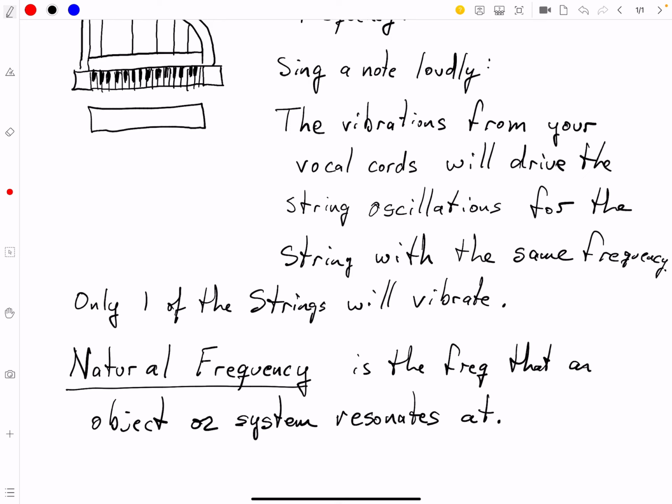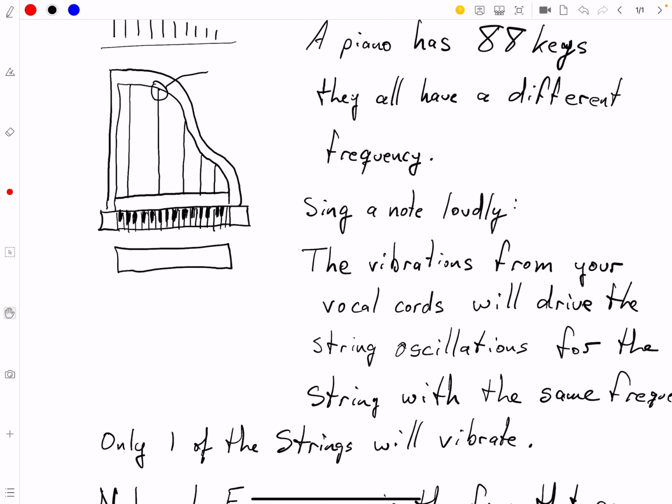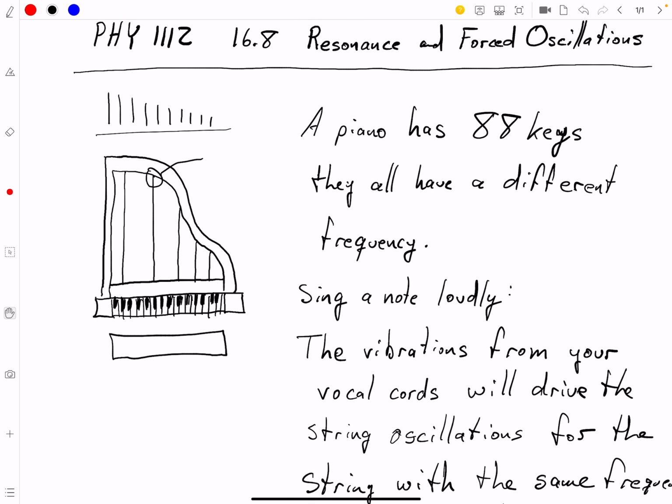So let's go back up to our strings. Each of these strings at the top resonates at a certain frequency. The one that we selected vocally when we sang in front of the piano has a certain frequency. Who knows what that one is, but whatever it is, that's the natural frequency for that particular string.